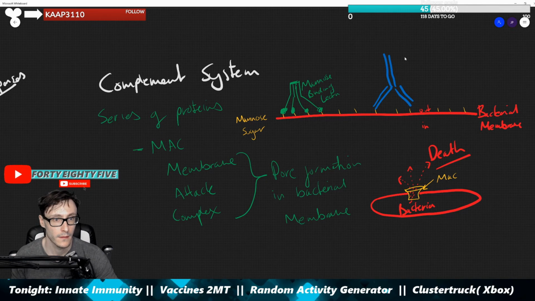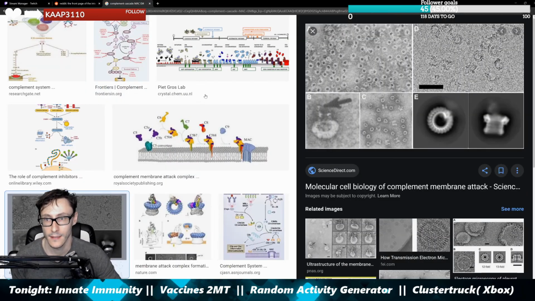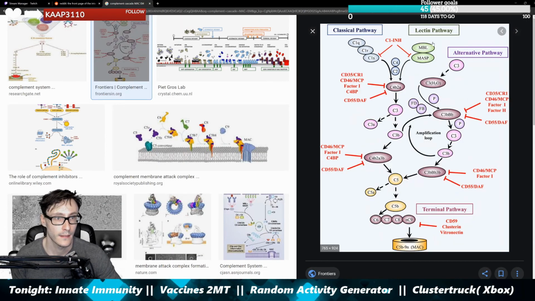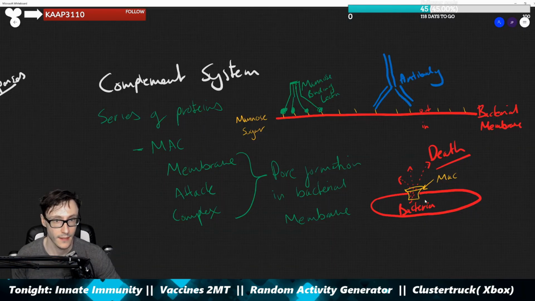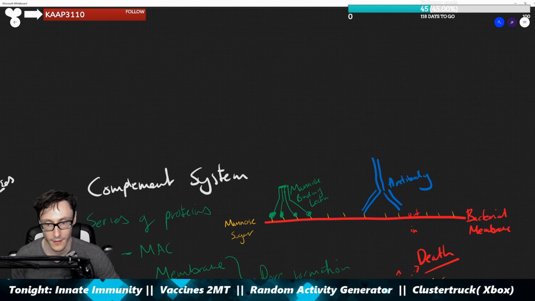Like so. And both of these structures can trigger this cascade. Then what you'll get is protein after protein after protein activating.